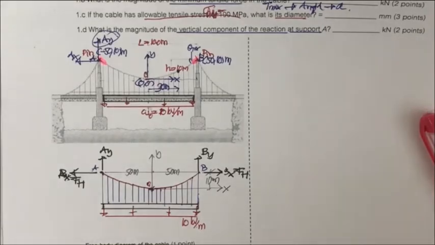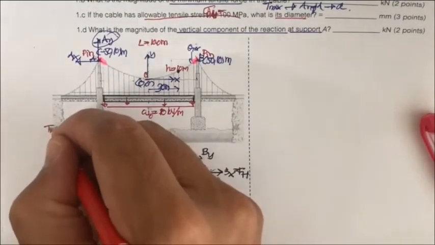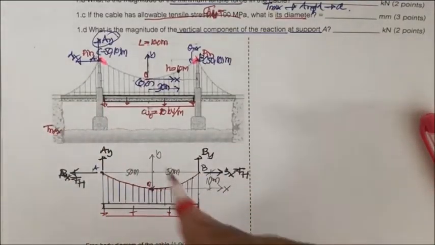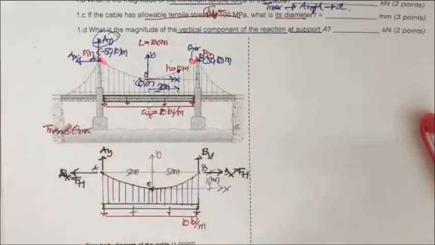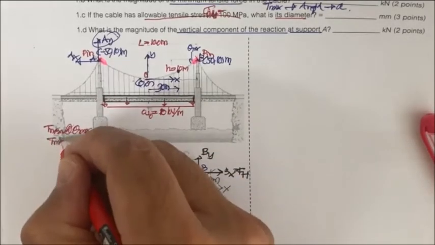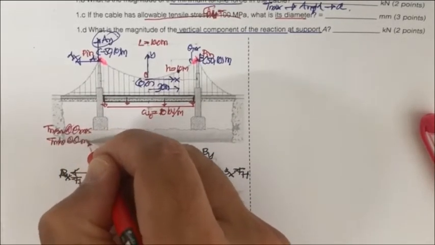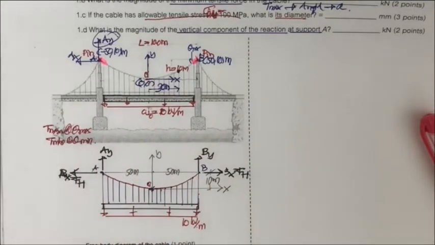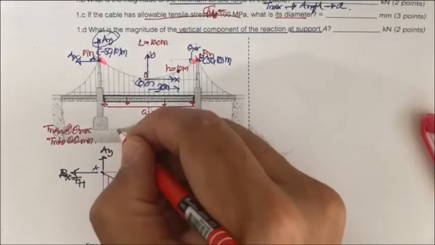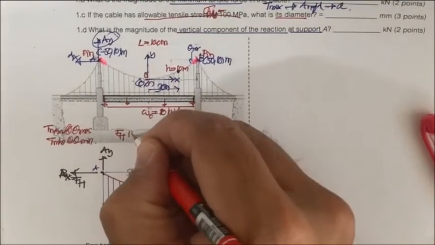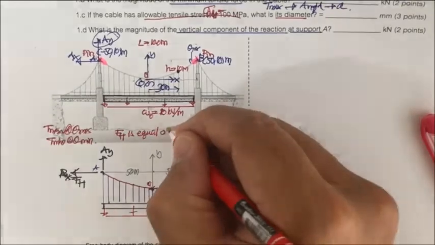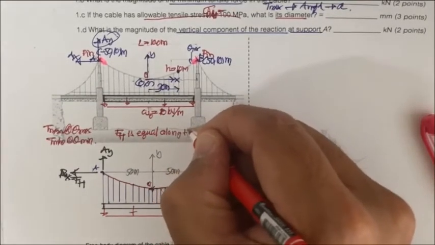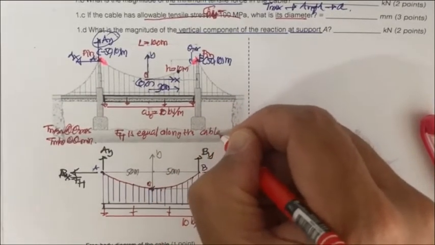Let me remind you the T max occurs at zeta max, and T min occurs at zeta min. And also the F sub h is equal along the cable length.